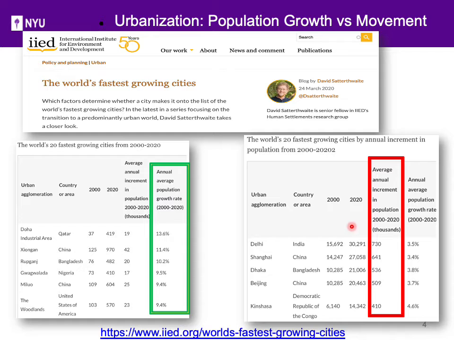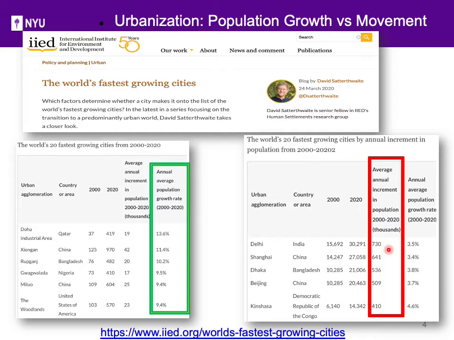So depending on how you measured the growth of the city, whether there was actual internal expansion based on births or whether there was actual migration that caused the city to swell, you came up with a different list of which cities were experiencing population growth.